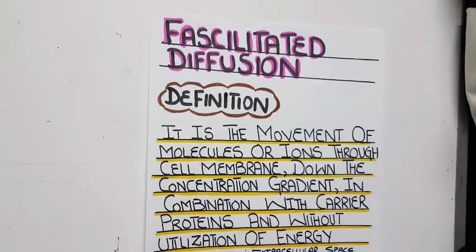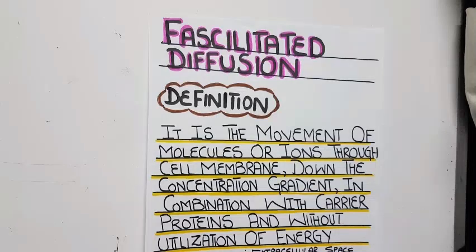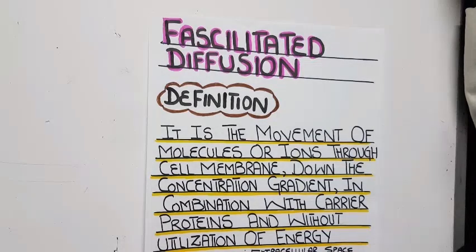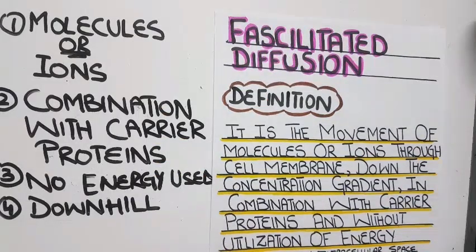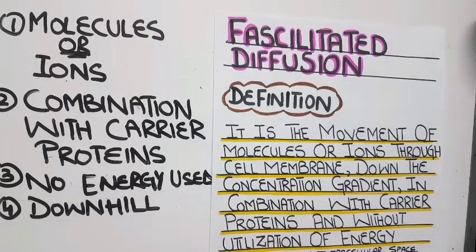Facilitated diffusion. It is defined as the movement of molecules or ions through the cell membrane down the concentration gradient in combination with carrier proteins and without utilization of energy. If we divide this definition into different parts, it will show us the different characteristics of facilitated diffusion.